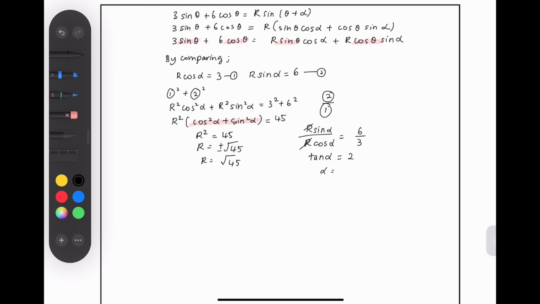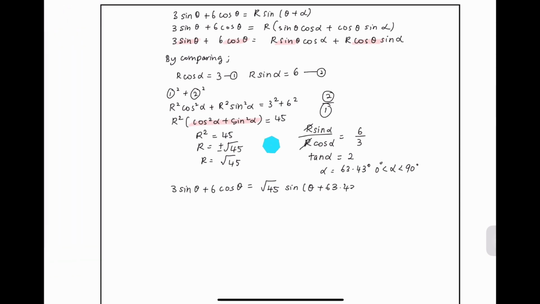So alpha is arctangent 2 and it becomes 63.43. Since alpha is between 0 and 90 as stated in the question, we can basically ignore the third quadrant. So we can conclude that 3 sine theta plus 6 cos theta is actually equal to root 45 sine(theta plus 63.43).